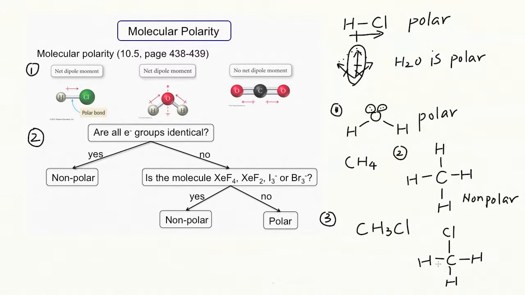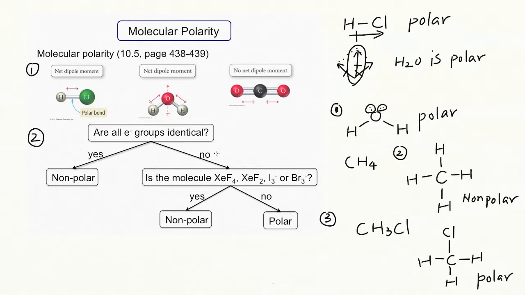When you compare the 4 electron groups around the central atom carbon, you will see that the carbon-chlorine single bond is different from the 3 carbon-hydrogen single bonds. So the first question, are all electron groups of the central atom identical? The answer is no, so you go this way. This molecule is not one of the 4 molecules listed here, so absolutely it should be a polar molecule.